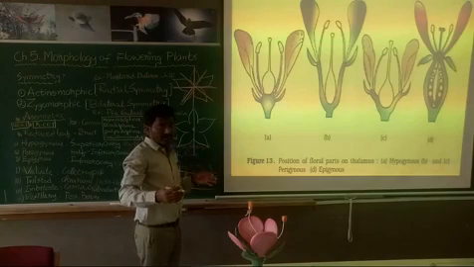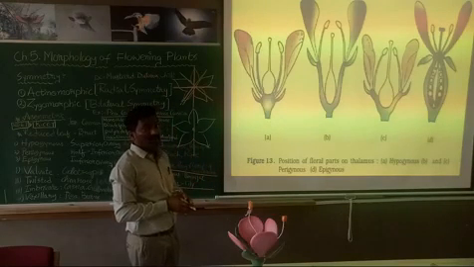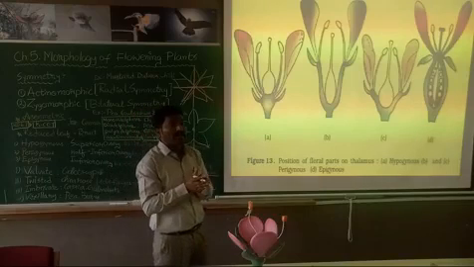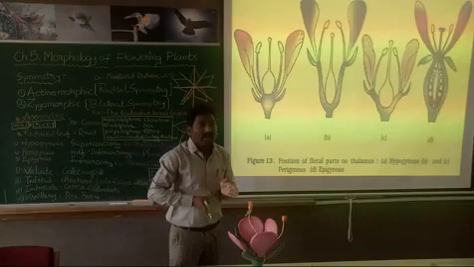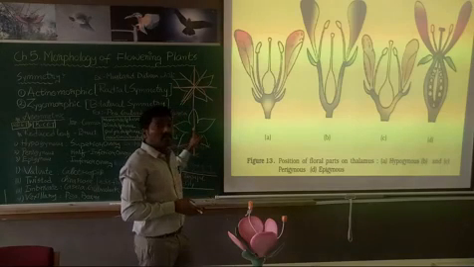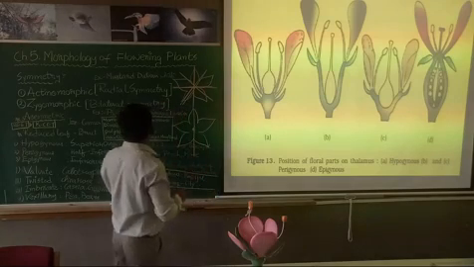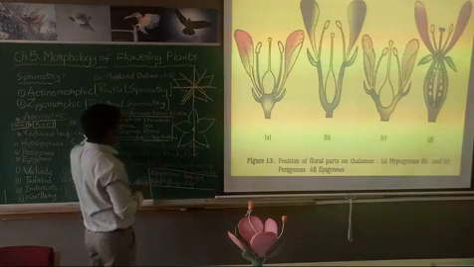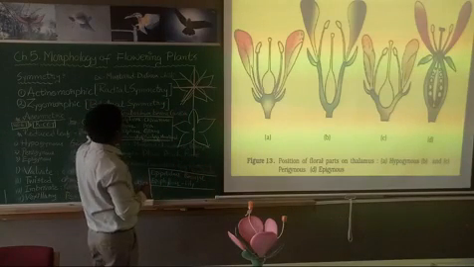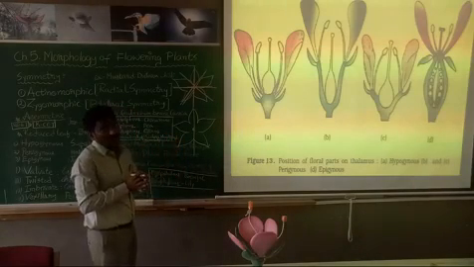However we cut, however we pass the radial plane through the center portion of the flower, only through one particular plane can it be divided into two equal halves. That kind of symmetry is called bilateral. Bi means two, lateral means either sides. Either sides are equal in position.